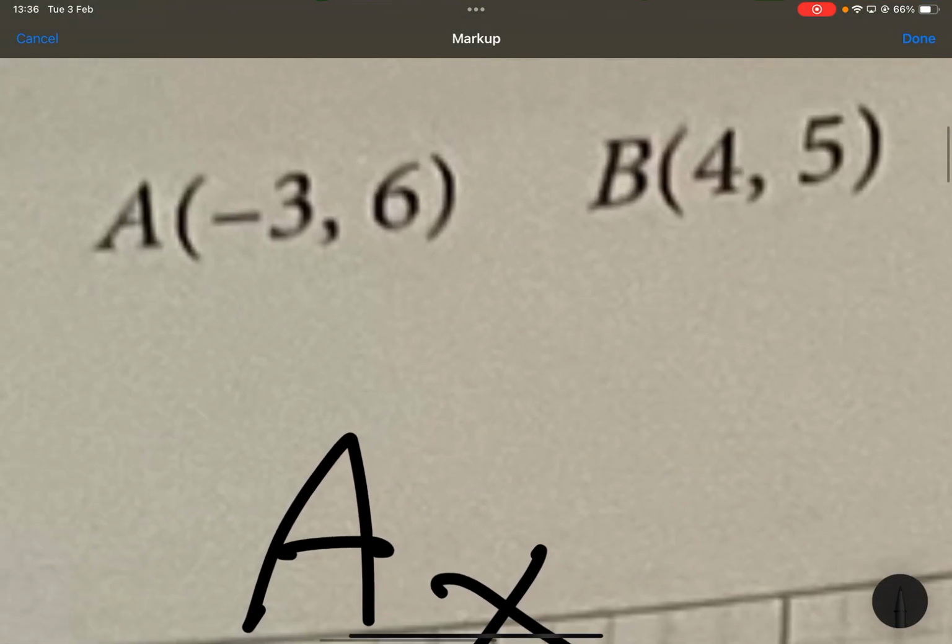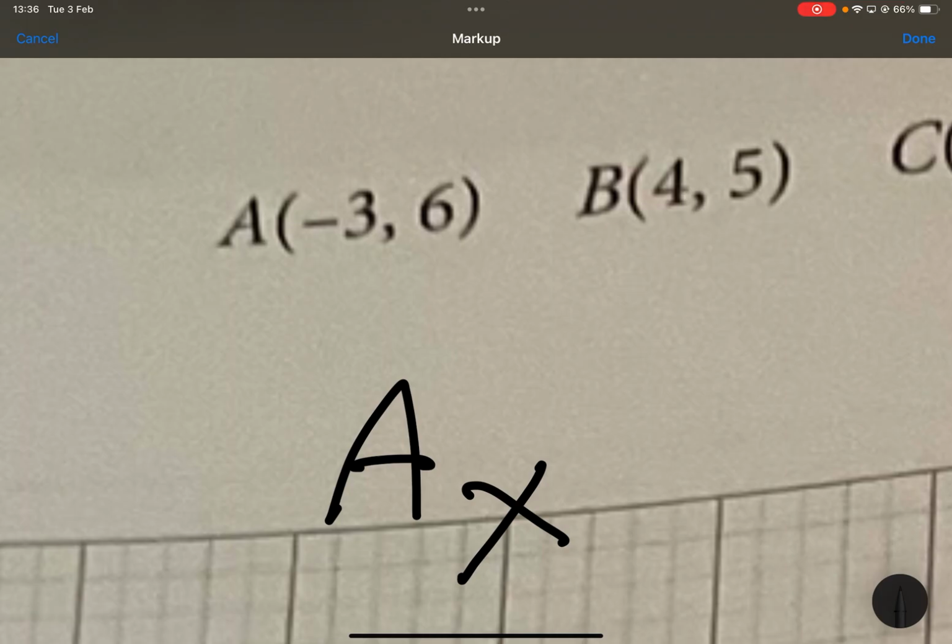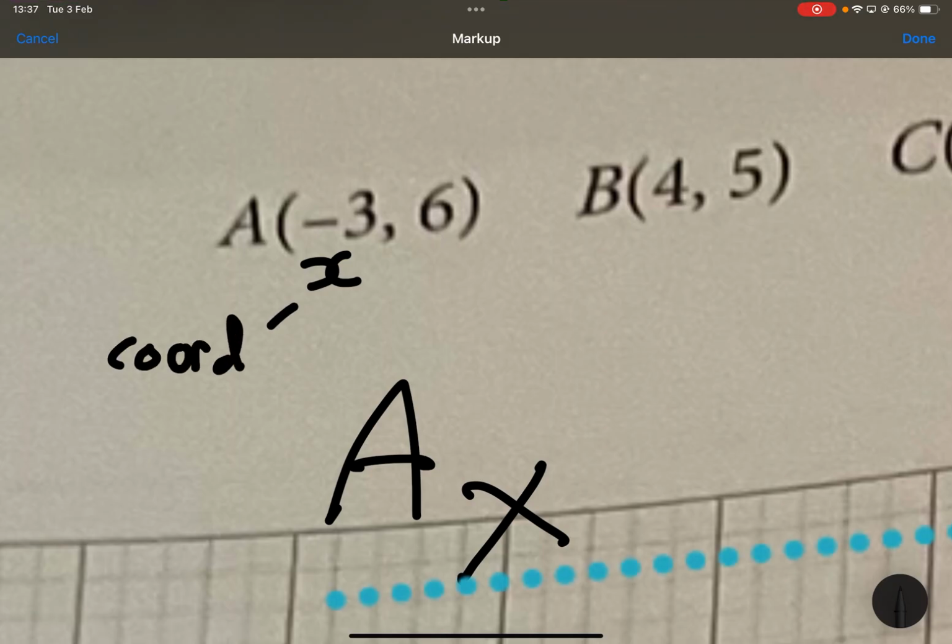Then our coordinate is always made up of left, right, and up, down. So in our coordinate, we also call the -3 the x coordinate. Then we call the second number the y coordinate.